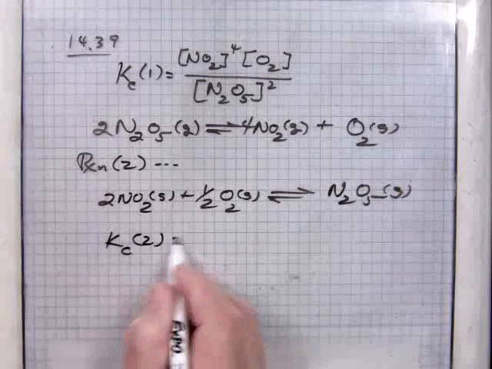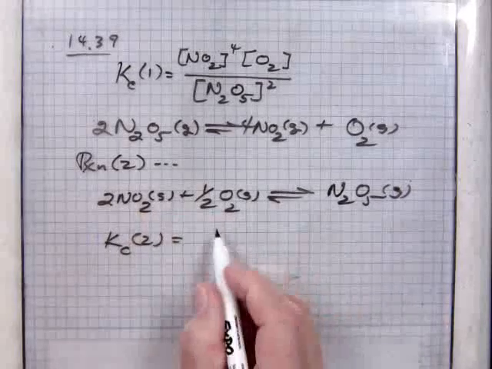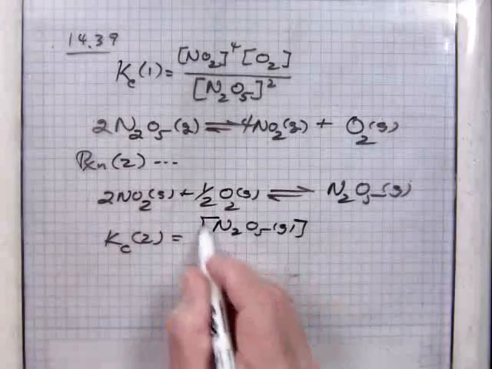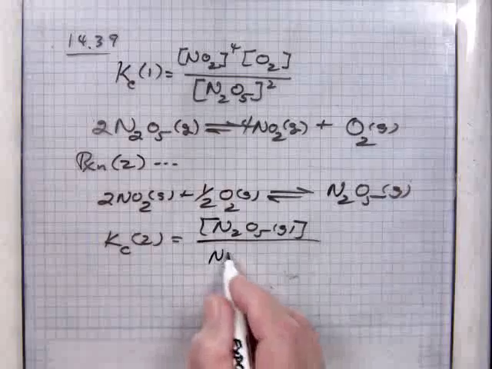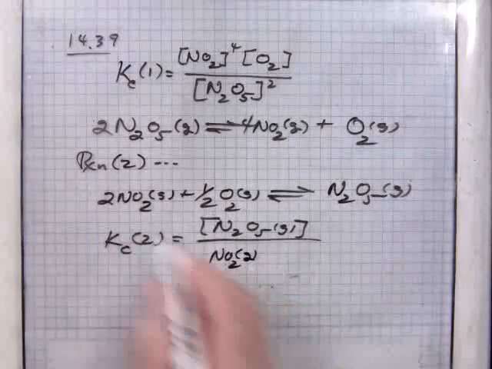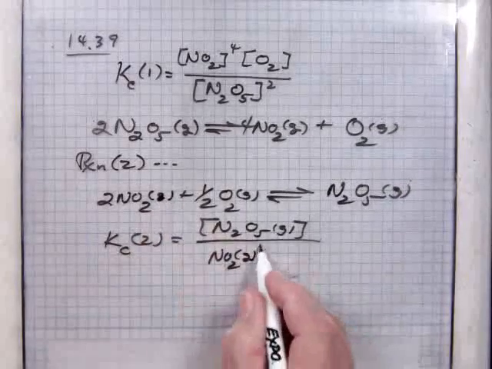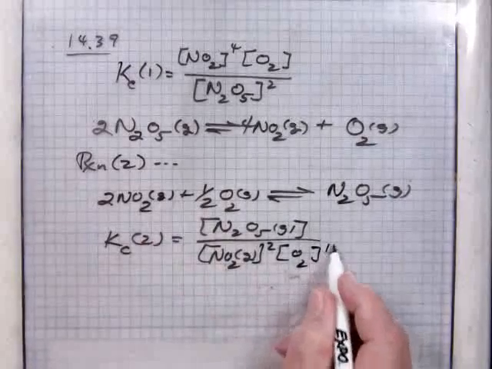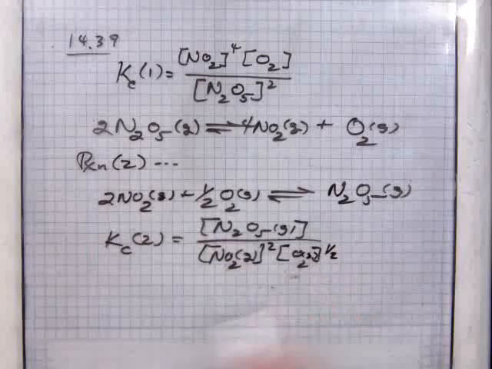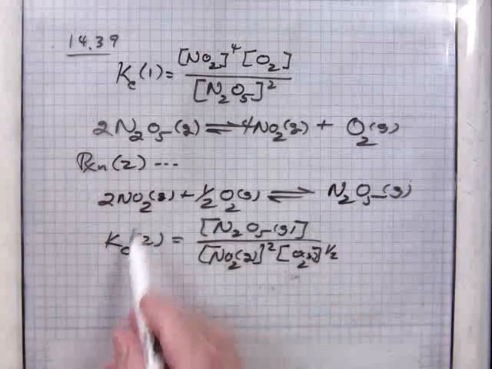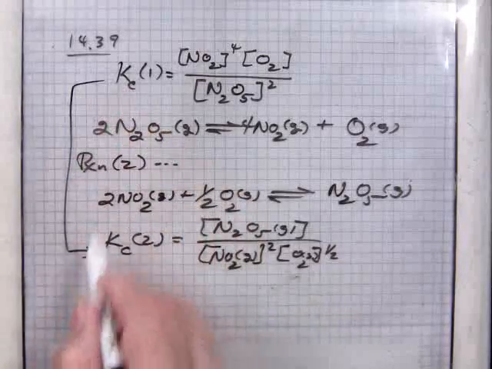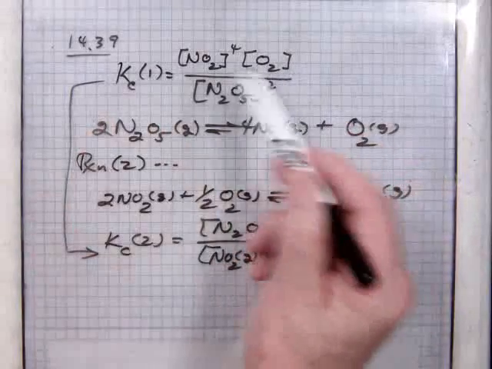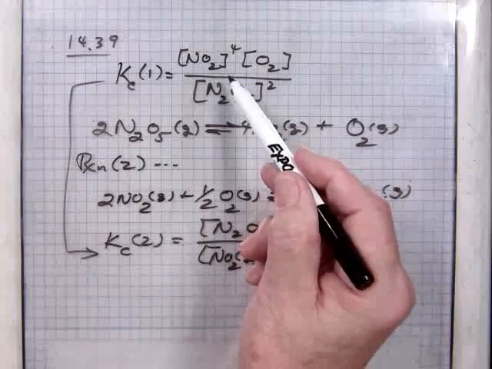So KC2 now is products over reactants. So that'd be N2O5 as a gas to the 1st power, and NO2 gas squared and O2 to the 1/2 power, like that. Now, compare K1 and K2 and ask yourself, what can I do to K1 to get to K2?